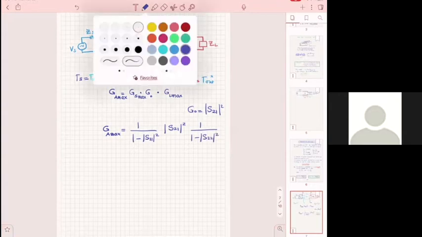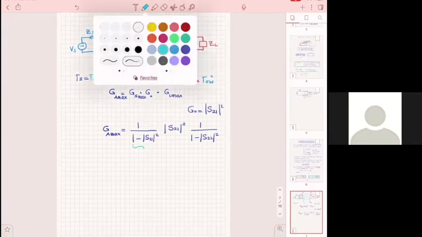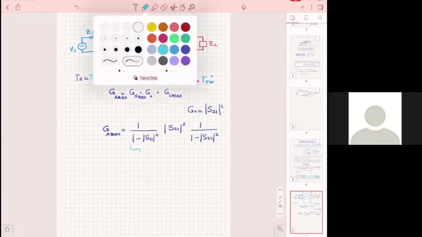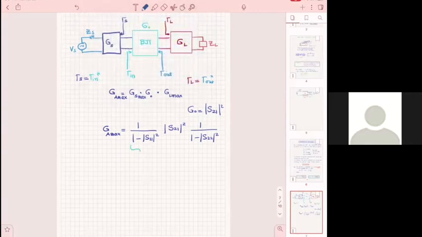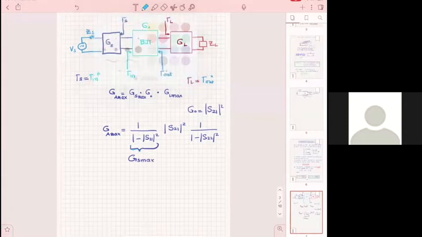And this one here is GS max. This one here is always G naught, does not change from the matching conditions, always remains that.